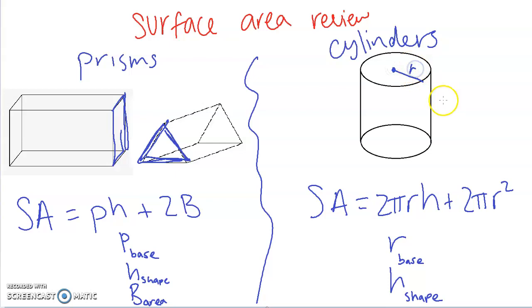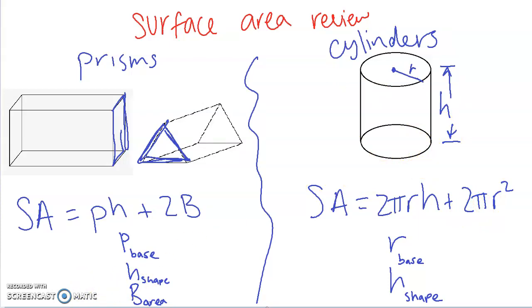And the height of the cylinder, which went from the floor to the ceiling, from the bottom of the figure to the top. If we have these two items, then we can plug them in and find our area. And remember, all areas are square area.